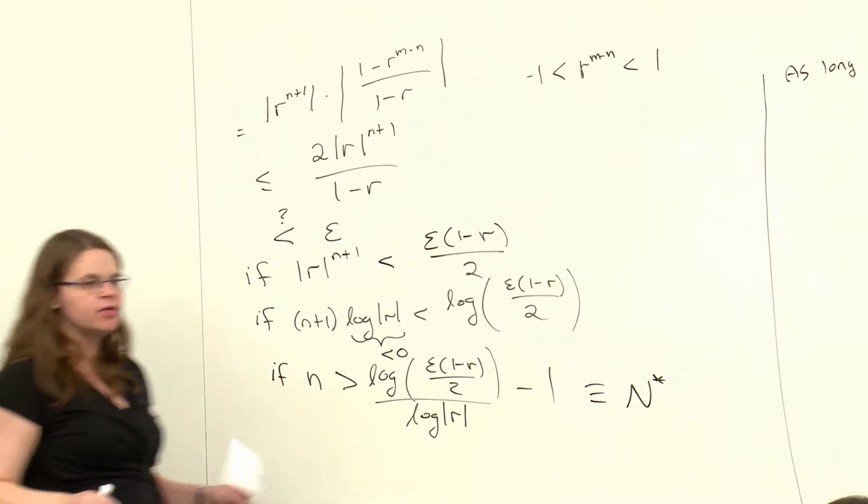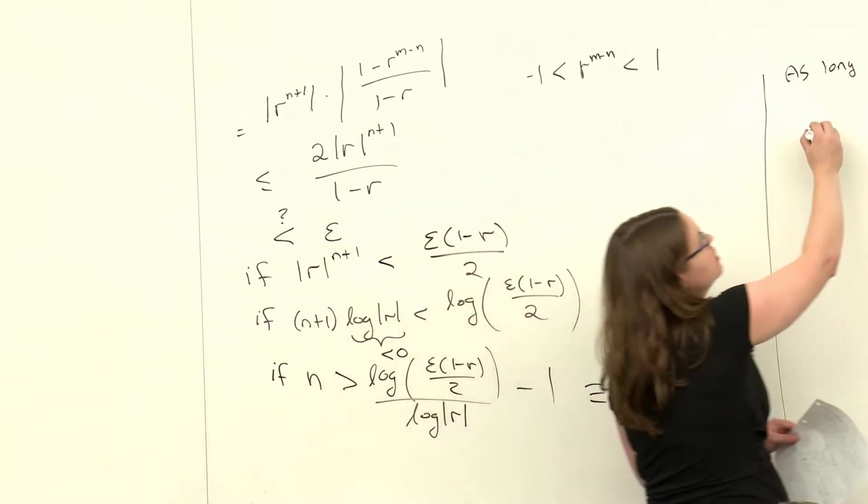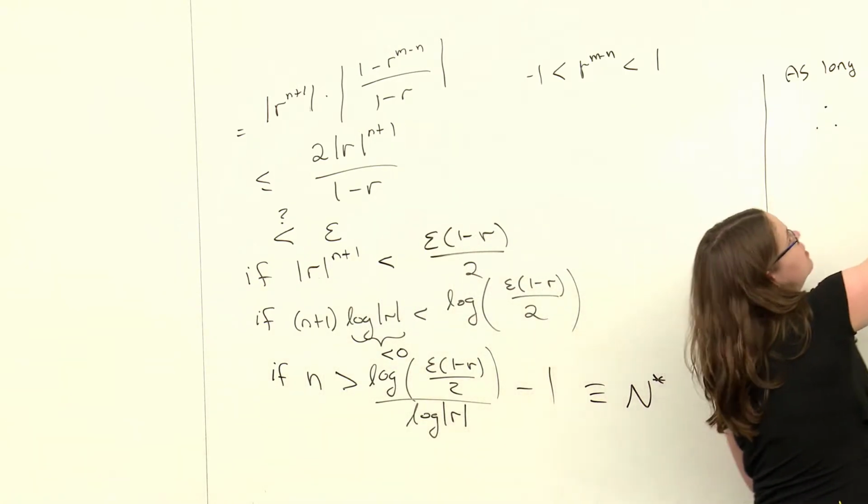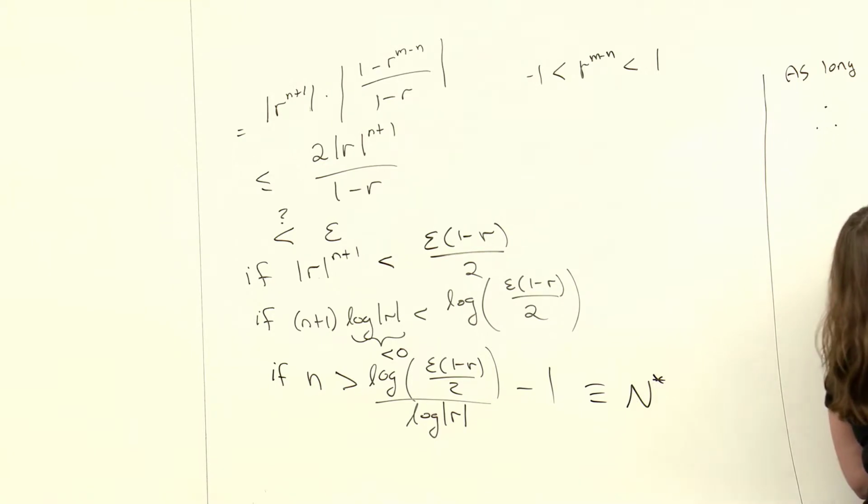Okay, and this is exactly what it means for a sequence to be Cauchy. So we're going to conclude that Sn is a Cauchy sequence.